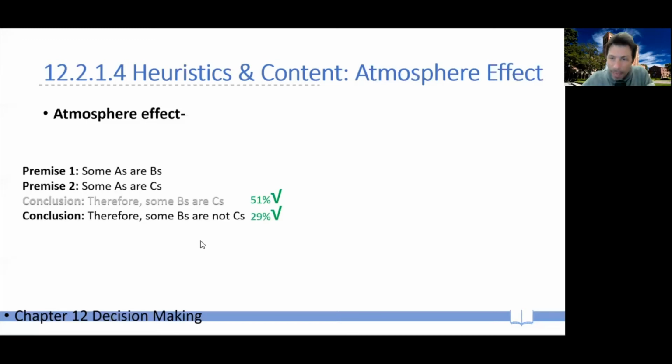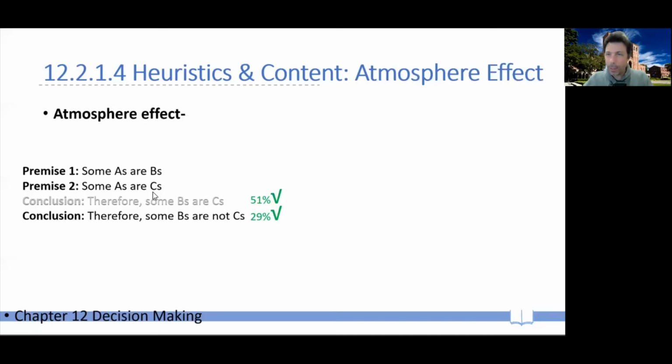I think what's happening here is that because you read the two premises and they both are of the form some are and some are, it leads you to expect that the conclusion should also be some are. So if you get a conclusion that is some are, it makes you want to say, oh, they match, so it has to be valid, even though it is not.